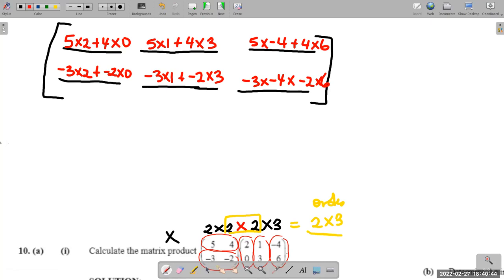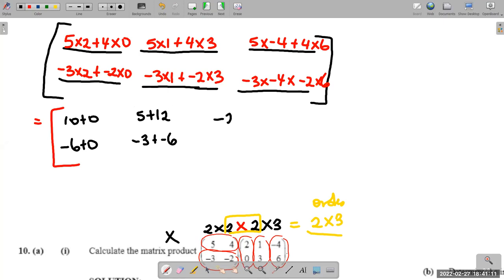So now it's time to simplify and break down. So what should I have here? I should have 10 plus 0, right? I should have -6 plus 0, 5 plus 12, -3 plus -6, -20 plus 24.